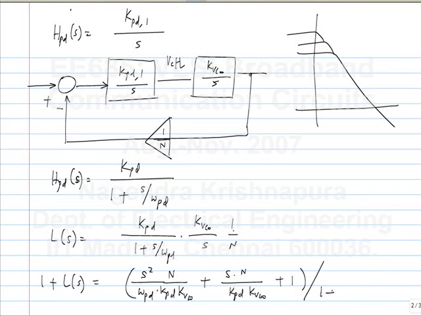This is 1 plus L. So basically this is what appears as the denominator polynomial of the closed loop system. Okay. So for a second order case, if all coefficients are positive, it is stable.